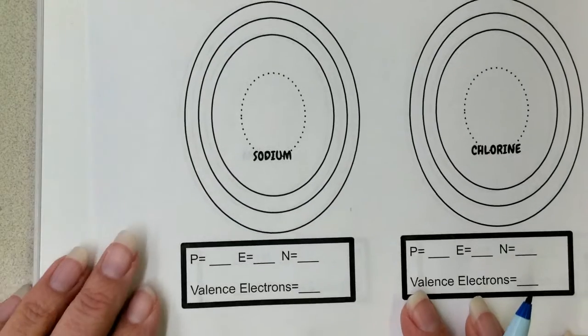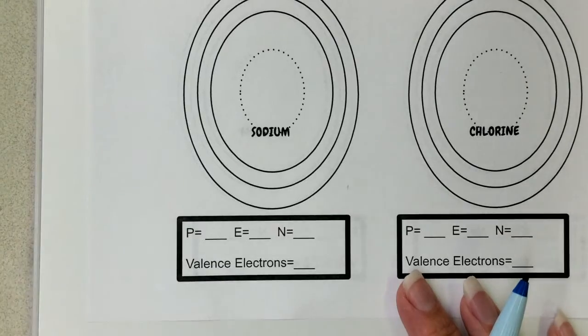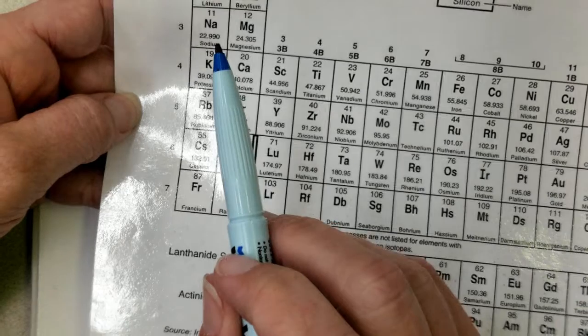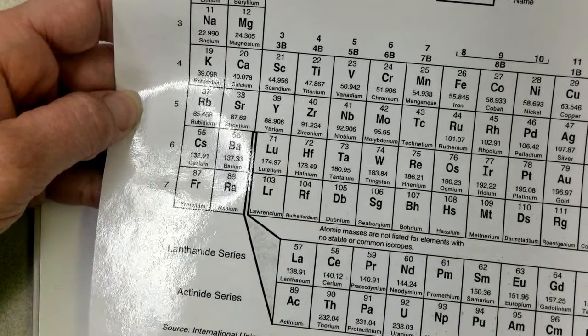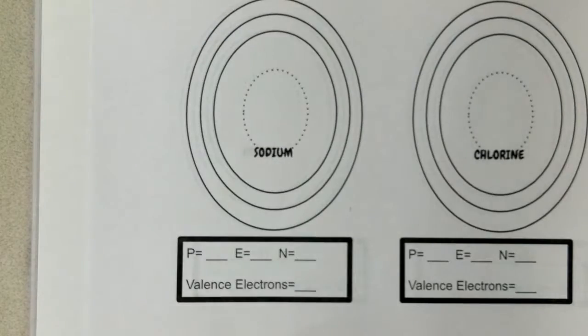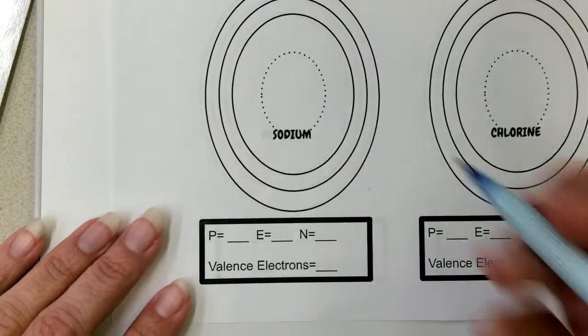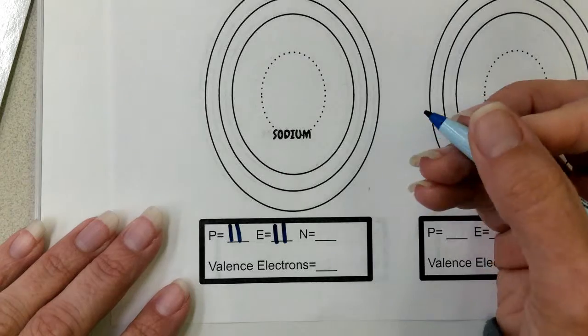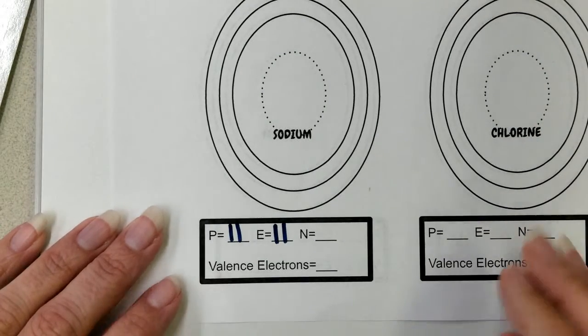Okay, let's go to sodium. You find sodium on the periodic table. Na, right here, has an atomic number of 11. So that means you have 11 protons, 11 electrons, and for the neutrons you subtract.